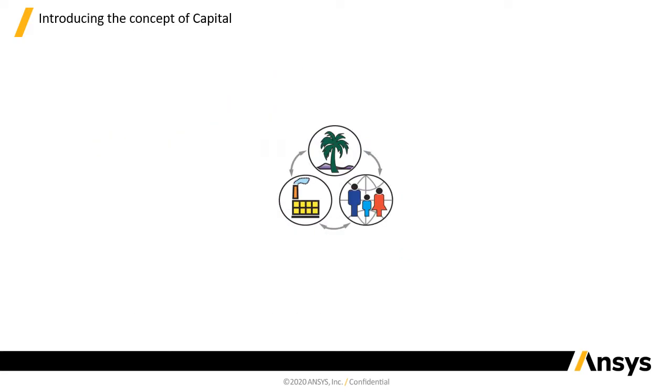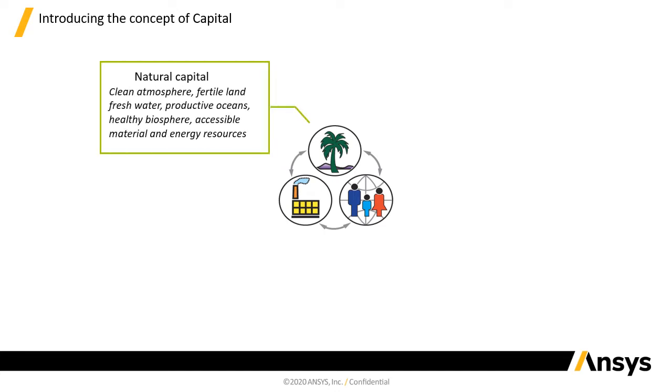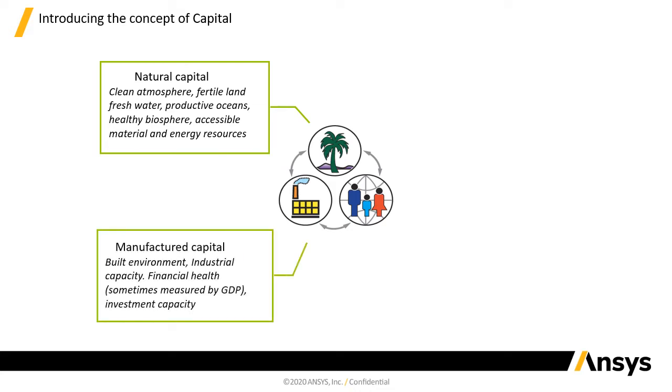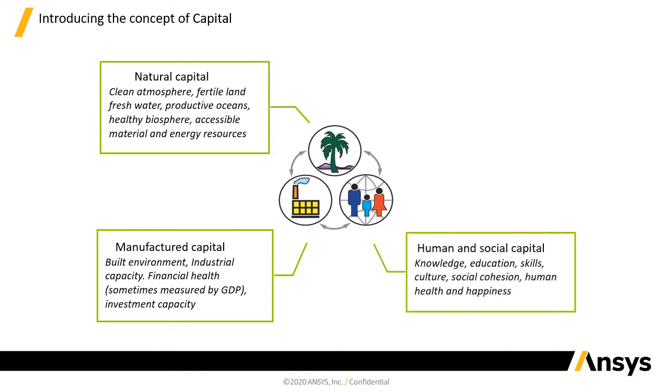So to go into more detail, we need to introduce the concept of capital. Natural capital is a clean atmosphere, fertile land, fresh water, productive oceans, healthy biosphere, accessible material and energy resources. Manufactured capital is the built environment, industrial capacity, and financial health, sometimes measured by GDP and investment capacity.